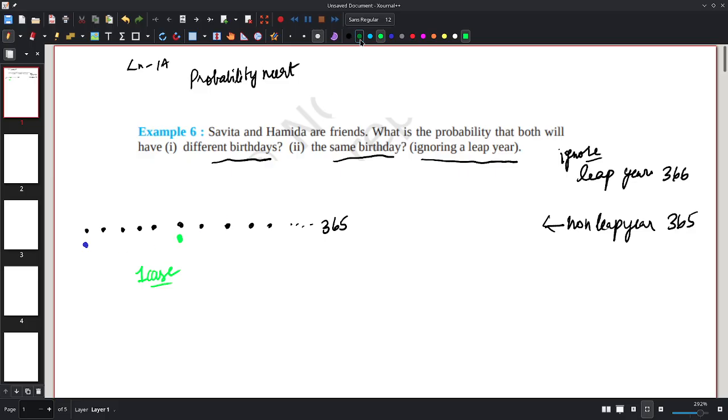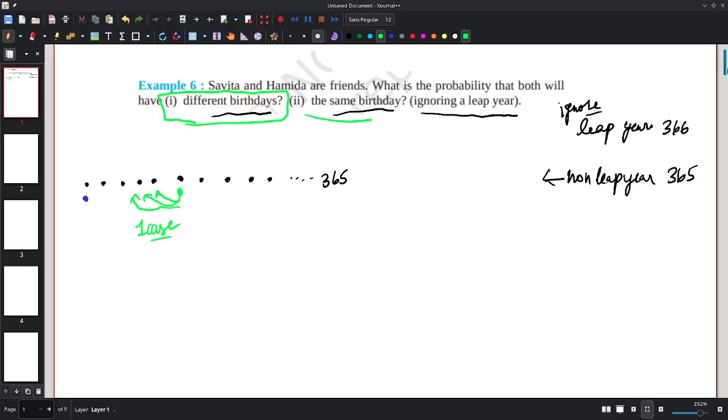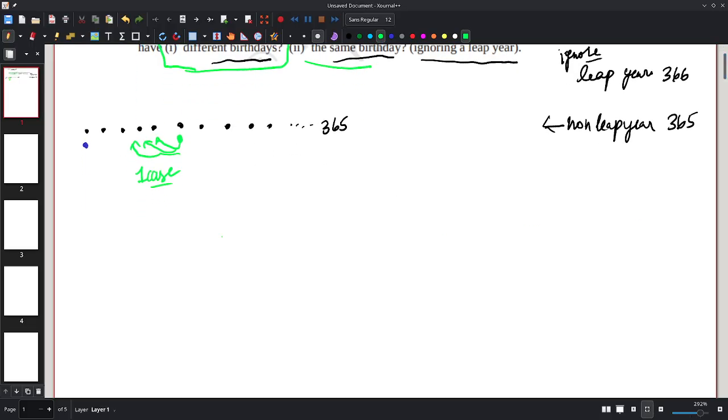You can move this particular dot, which means Hamida's birthday, up to 364, but not onto the same day, because that is a different case. We should be having different birthdays. Exactly a different birthday is needed, not exactly the same birthday, right? So in this case, you should be counting how many cases there are.